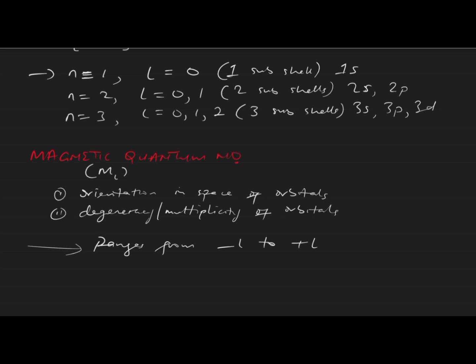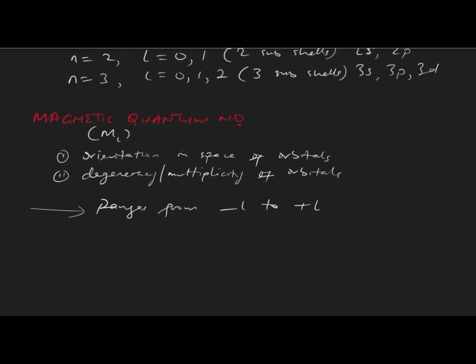And from this, we are able to determine the degeneracy or the multiplicity of that orbital. What we mean by degeneracy, when you hear degenerate orbitals, is orbitals that are on the same energy level. So they belong to the same subshell, but there are various degenerate orbitals all lying on the same subshell or energy level.